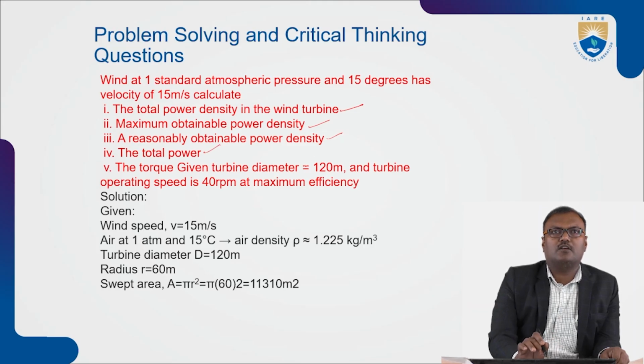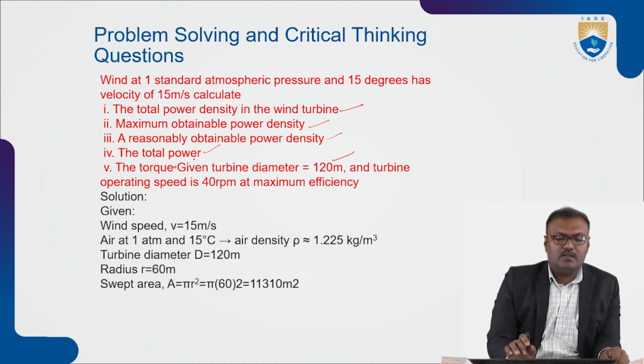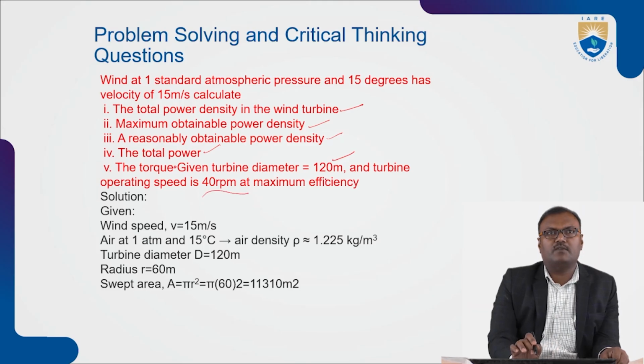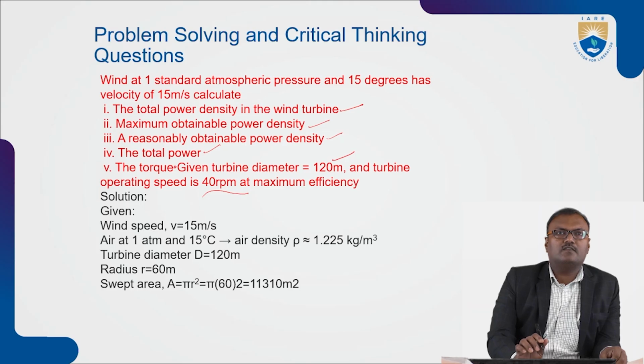Given turbine diameter is 120 meters and turbine operating speed is 40 rpm at maximum efficiency. So we need to calculate these 5. This is the given data, and radius is given as 60 meters.